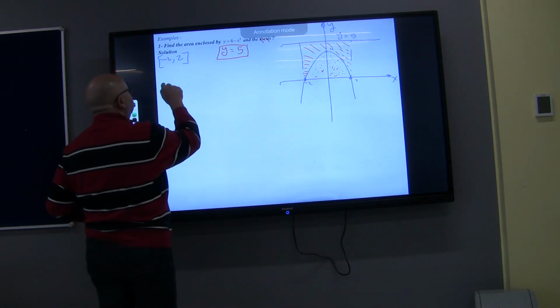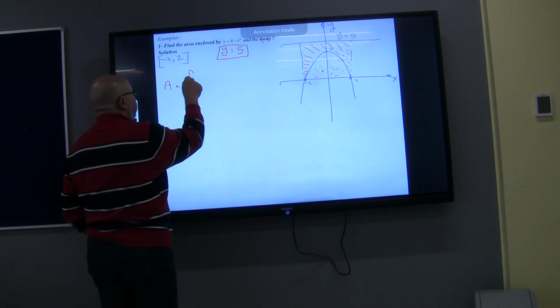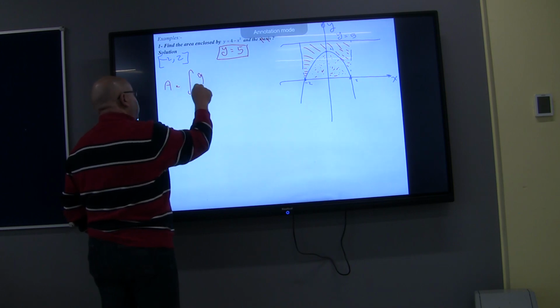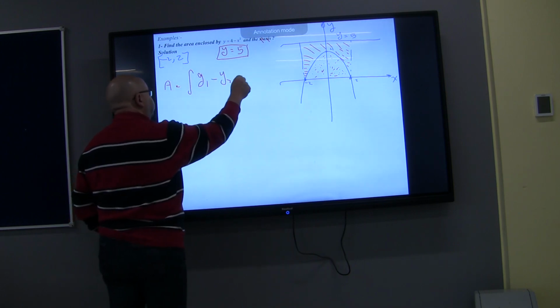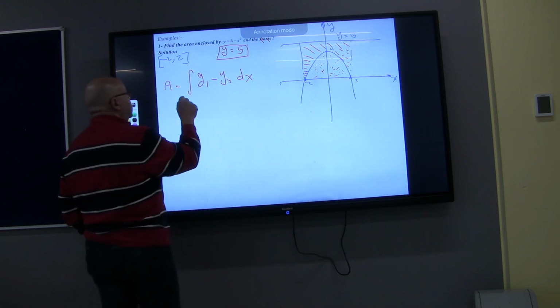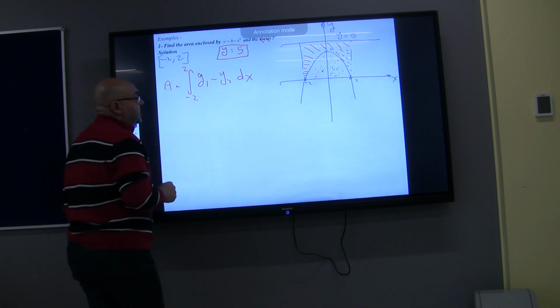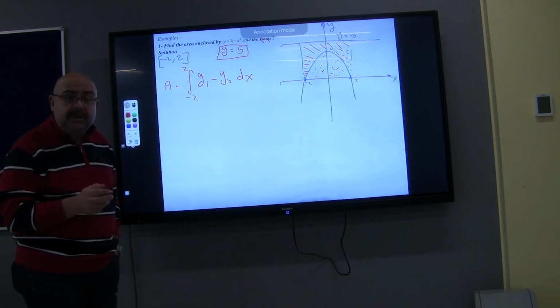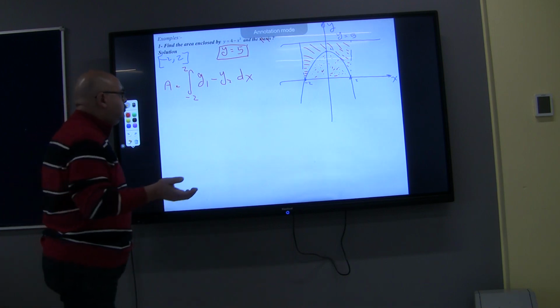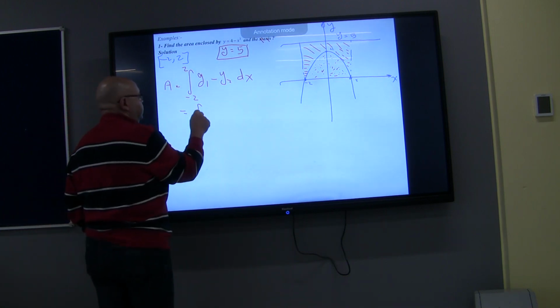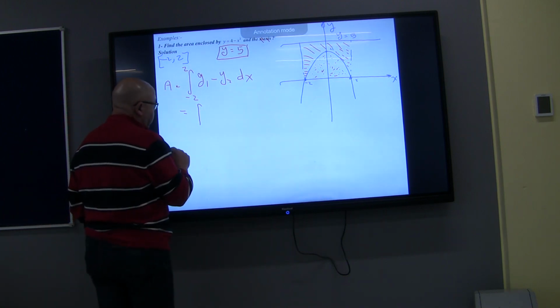All we have to do is to say that A will equal the integral of y1 minus y2 with respect to x, from the integration limits, which is negative 2 up to positive 2. All you have to do is just simply substitute.